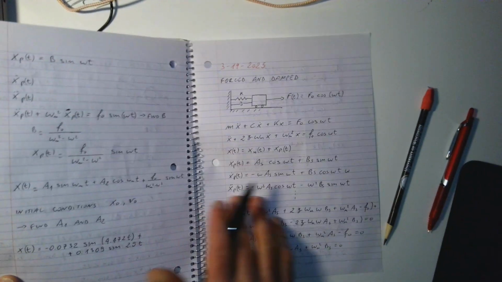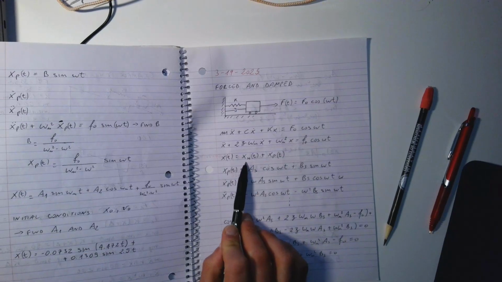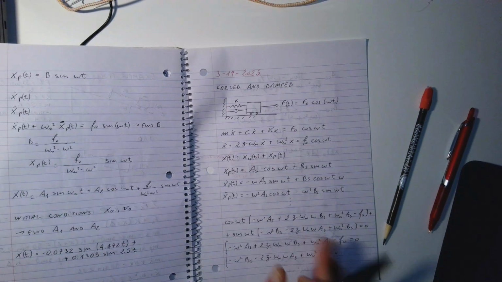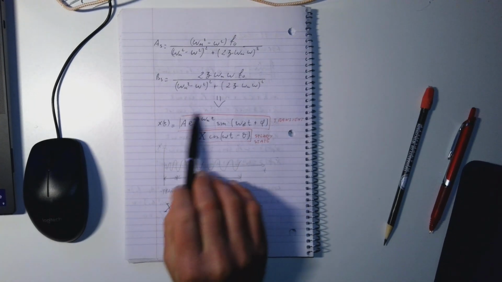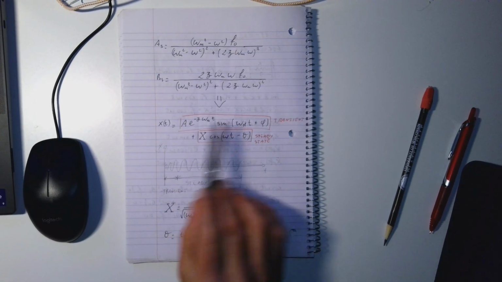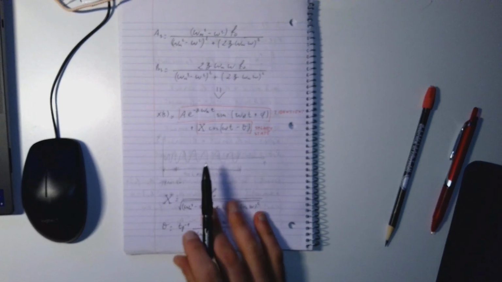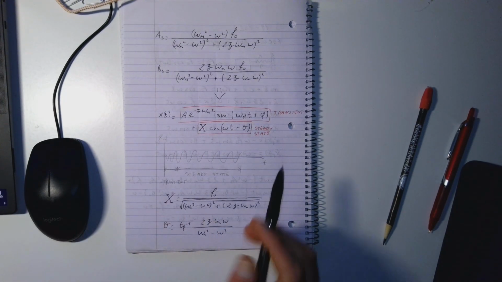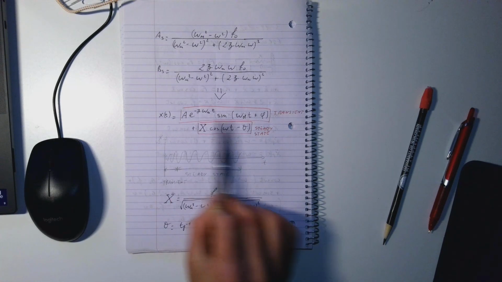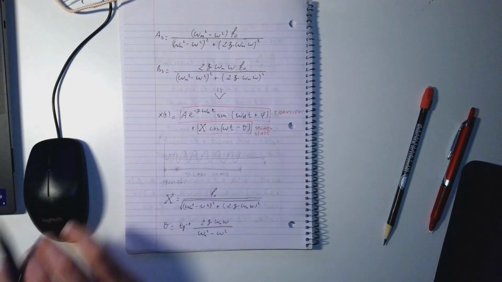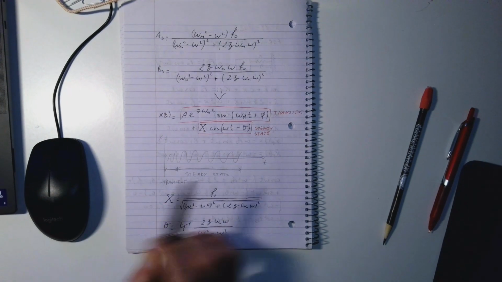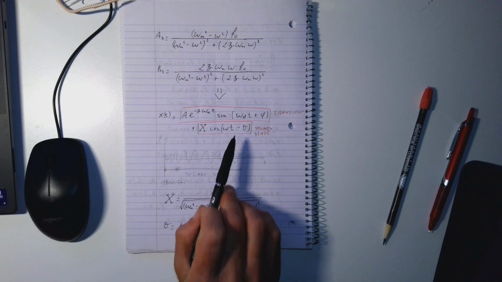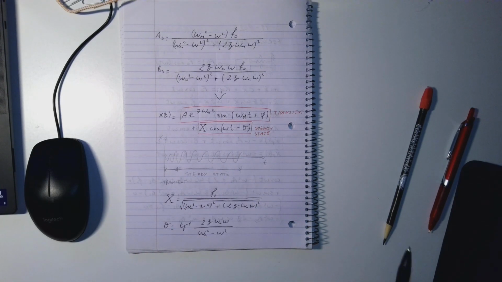We should now look at the total solution, which means that we should also look at the associated homogeneous equation. However, we figured out that we can write the equation in this form. When we write the equation in this form, we can separate two components of the solution. One component, which is this one, corresponds to the transient response, and then this other term corresponds to the steady-state response.